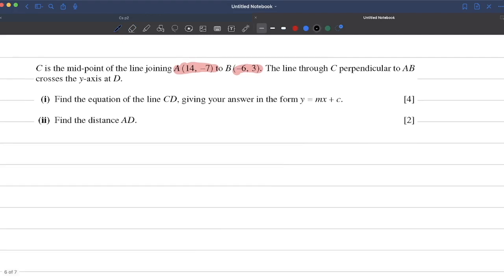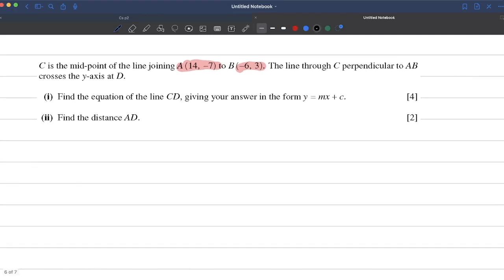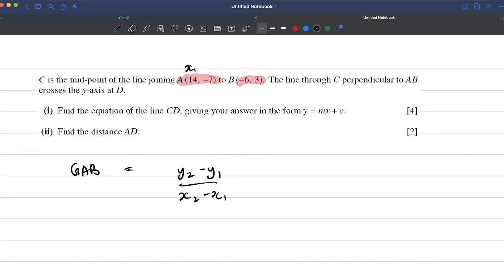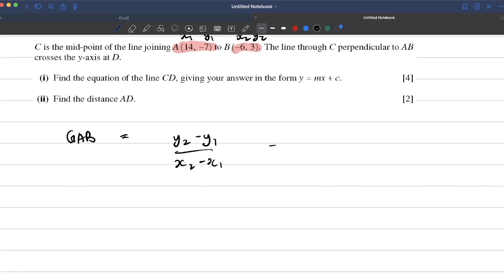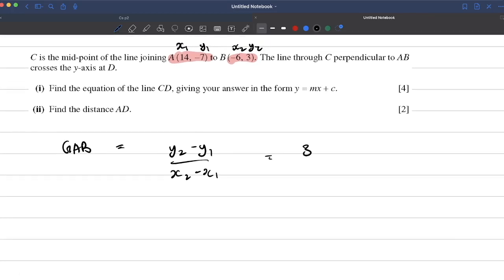Okay, so let's find the gradient of AB. The gradient of AB, remember, is y2 minus y1 over x2 minus x1. So this one will be x1, y1, x2, y2. So this will be 3 minus 7 over minus 6 minus 14.